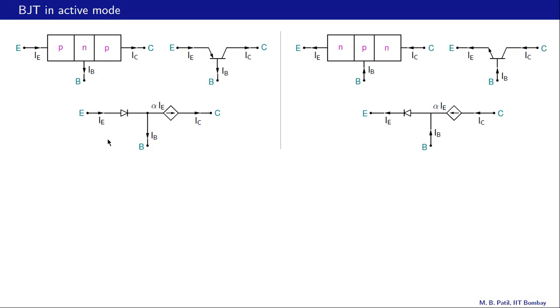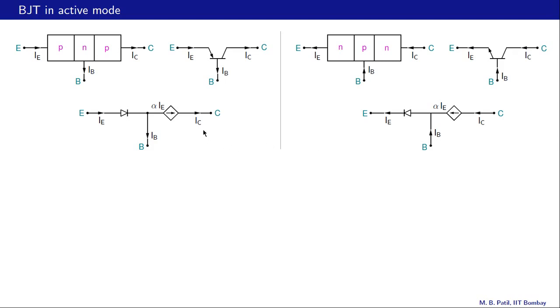Let us note that the direction of currents in the PNP transistor and in the NPN transistor are different. Here, if the diode is PN, it will conduct always in that direction, and the emitter current is in the same direction. Same case here, this diode will conduct always in that direction, and the emitter current is also in that same direction.